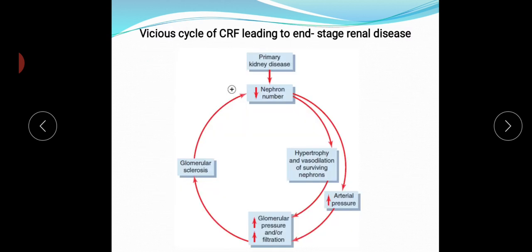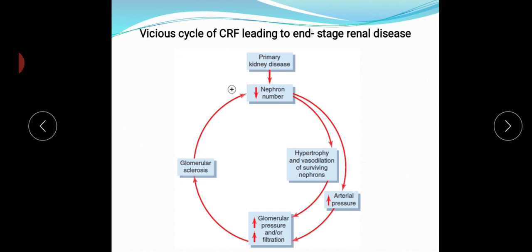Now, once the patient is in chronic renal failure, there will be a vicious cycle that will aggravate that failure. You can see this chart here, this cycle. Because of any primary kidney disease, there is a decrease in the functional nephrons. That may lead to hypertrophy and vasodilation of the surviving nephrons, because the work of the non-functional nephrons has to be done by the remaining functional nephrons.